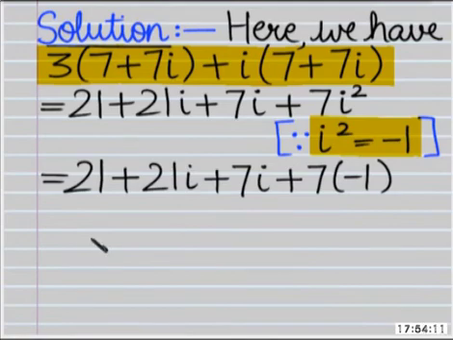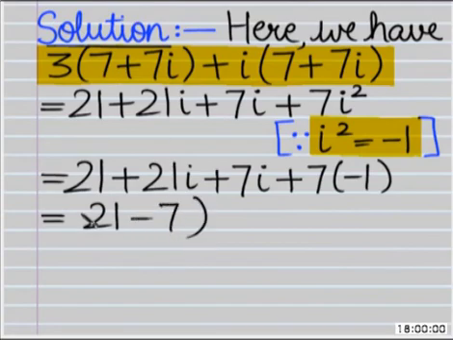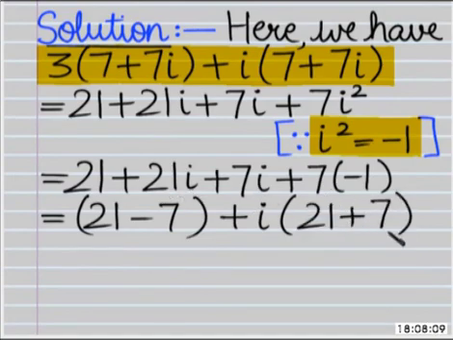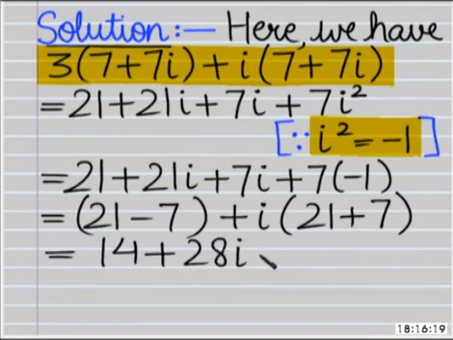On solving it further, it is equal to 21 minus 7 plus iota whole multiplied by 21 plus 7, which is equal to 14 plus 28 into iota. So here, on solving the given expression, we get a complex number whose real part is 14 and imaginary part is 28.